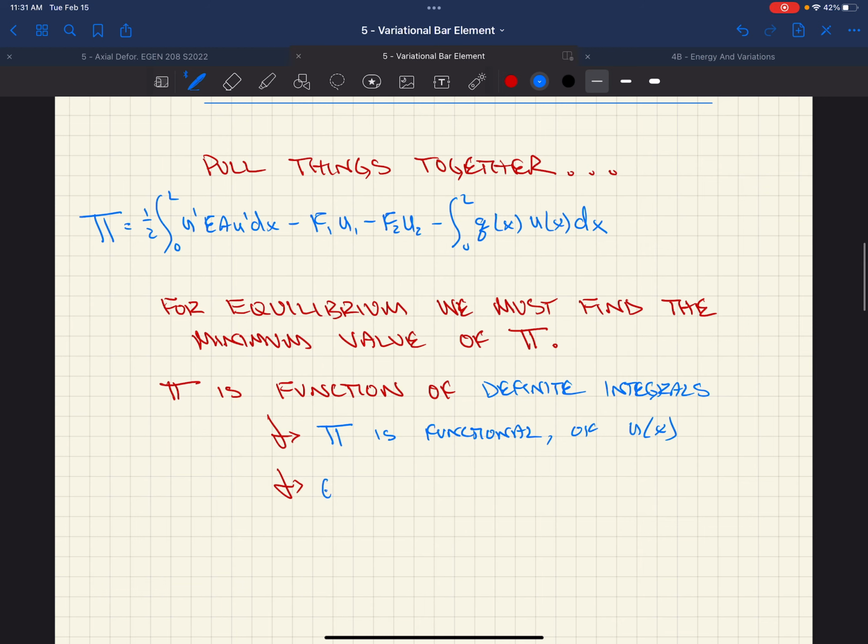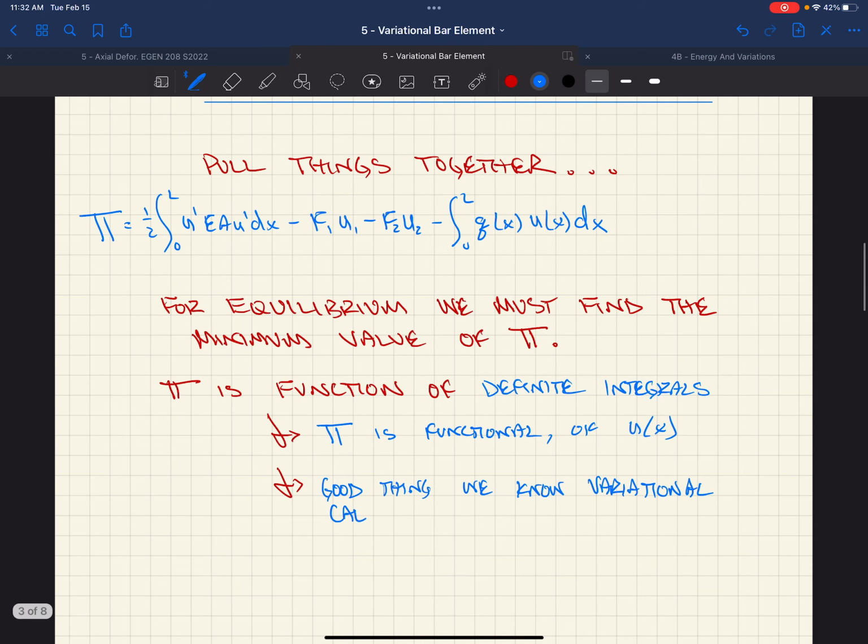So it's a good thing we know variational calculus, so we can minimize it.